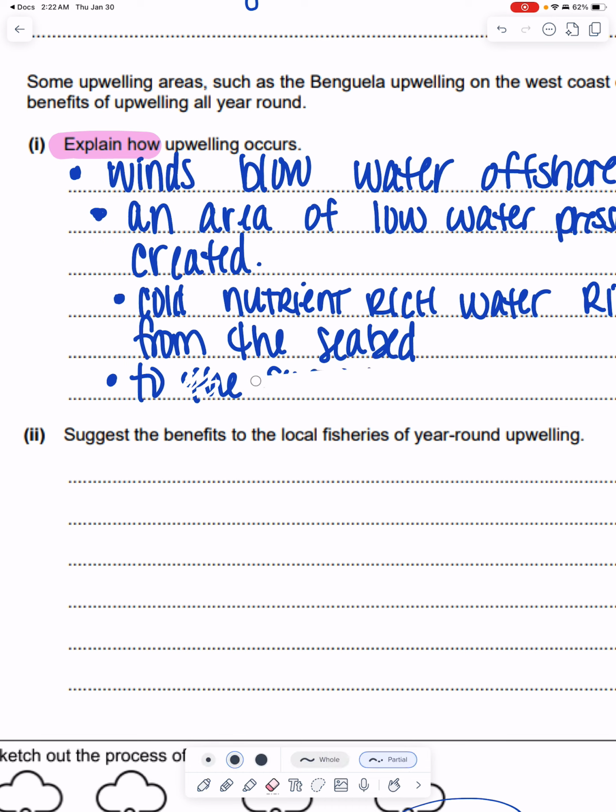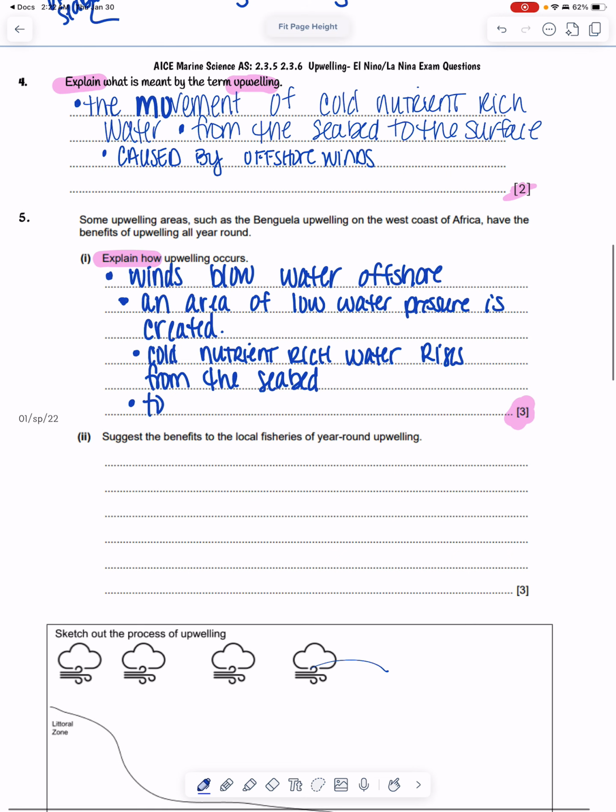I'm going to put "to replace the water at the surface," because if we're just saying it's going to the surface, we're not fully explaining why. If we just say it's going to the surface, that's just a statement. We're not really saying why it's doing that. It's for replacement. I just got ahead of myself.